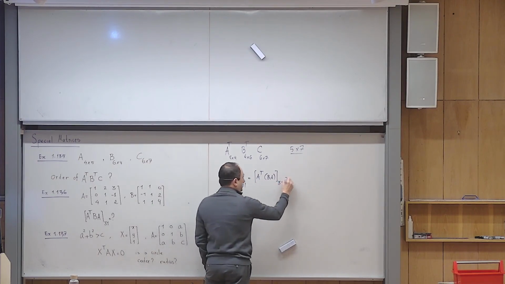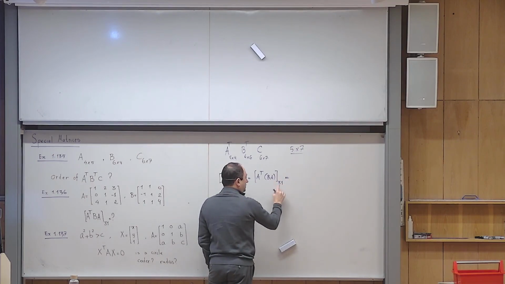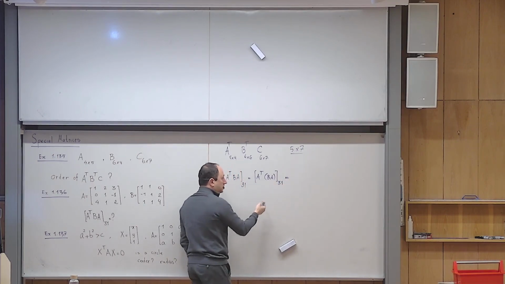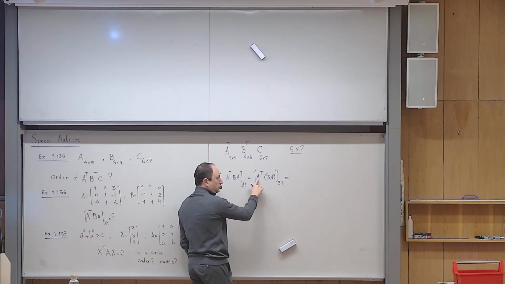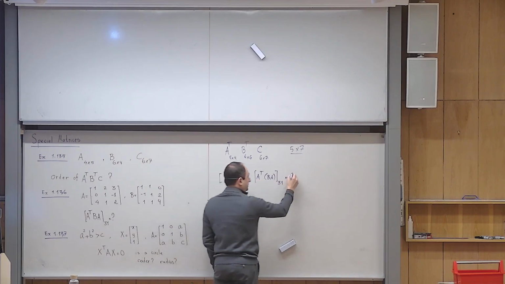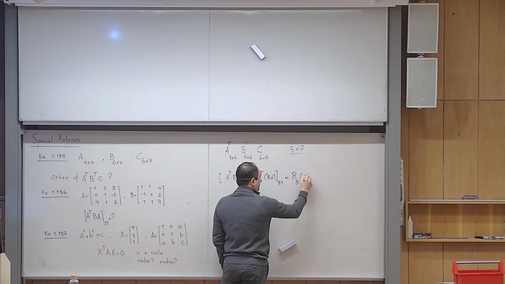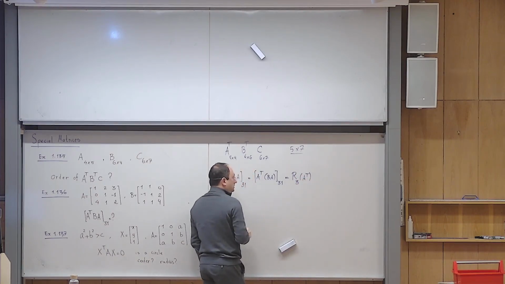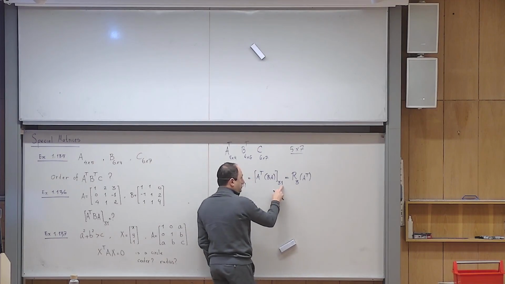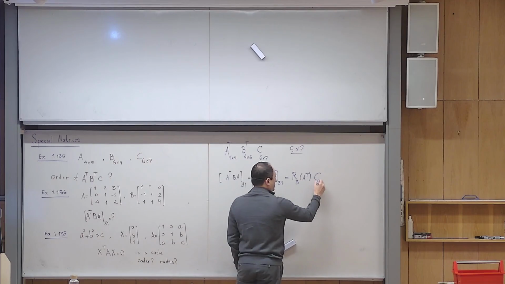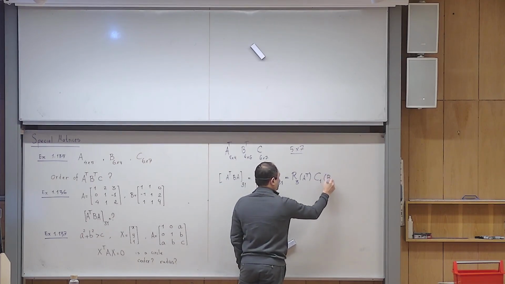So do you remember, if you want to find one particular entry of the product, you take the third row of the matrix on the left, and you multiply it by the first column of the matrix on the right. So this becomes the first column of BA.